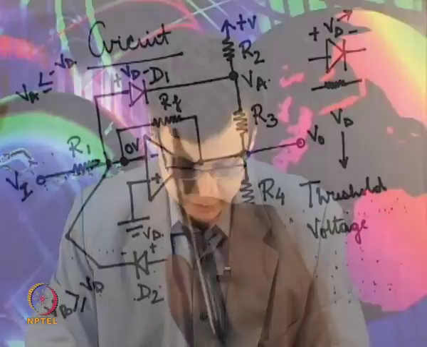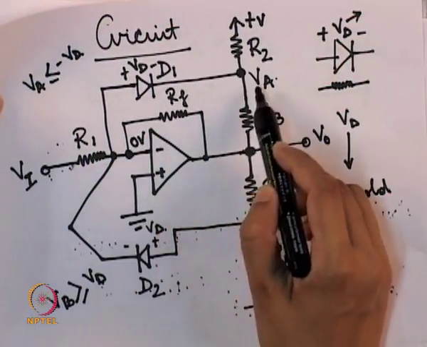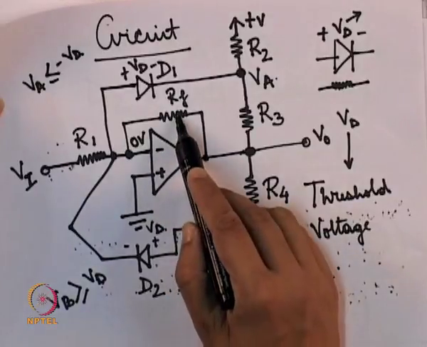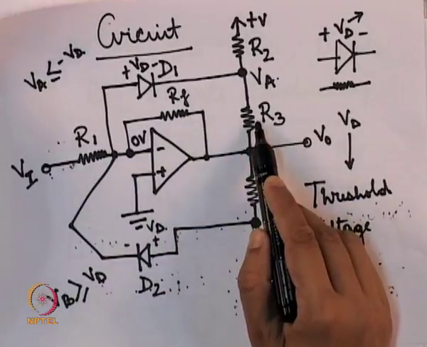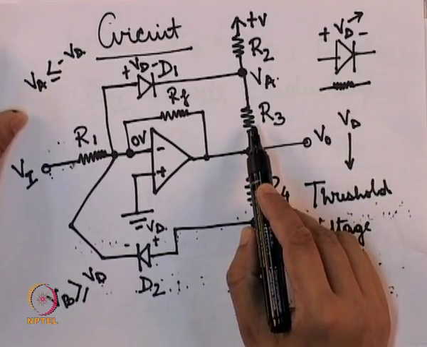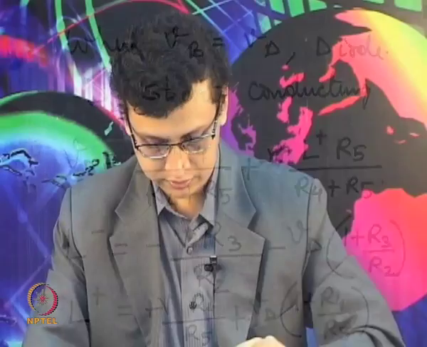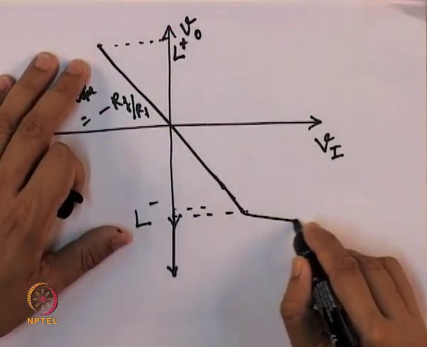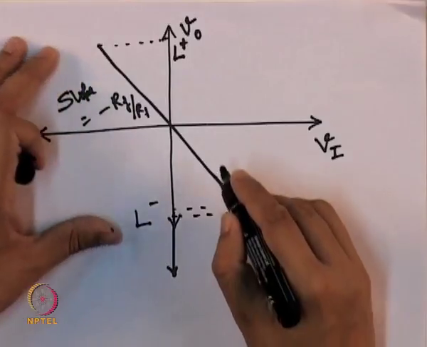As I had mentioned at the beginning, when diode D1 conducts, then the net resistance appearing across the feedback loop is Rf in shunt with R3. Okay. So, then what we get here is that beyond L minus, the slope will change.